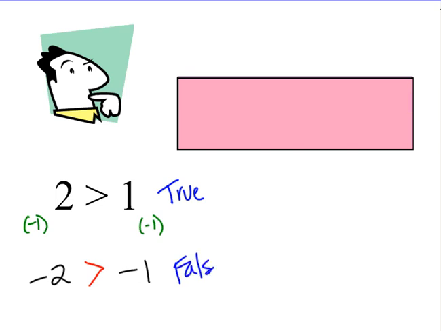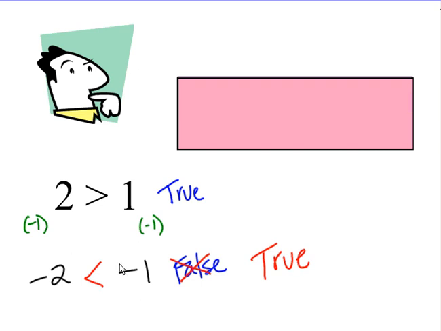That's false, isn't it? So we have to do something. Remember, because we're following the property of equality, what we do to one side we do to the other, so it should still be true. What we have to do instead is take this inequality sign and flip it over. Now it's no longer false. It's now true, because -2 is less than -1.